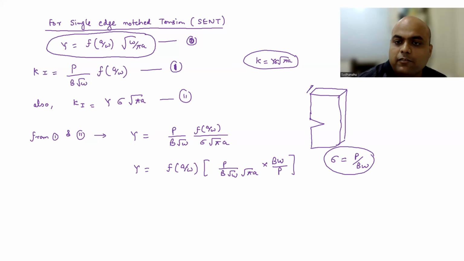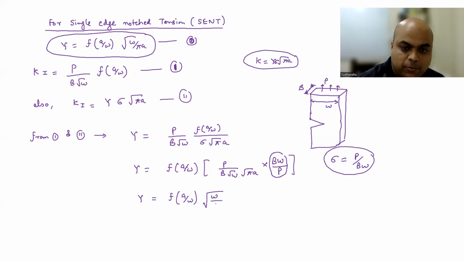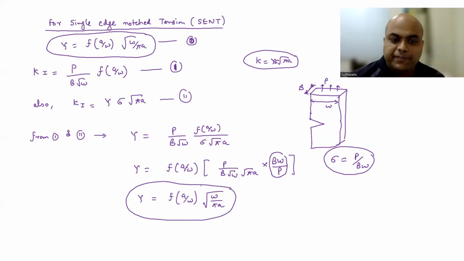The thickness here was B and the width was W. So the cross-section area is BW and the load, whatever we have here, is P. So sigma is P by BW, and we are just putting that value here. So Y can now be written as F(a/W) root W by pi. So we have proved the above equation.